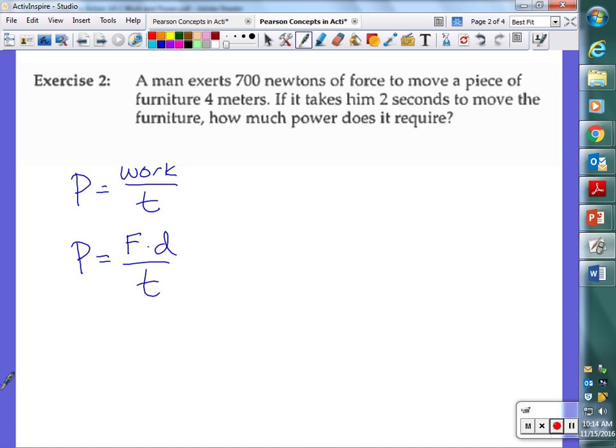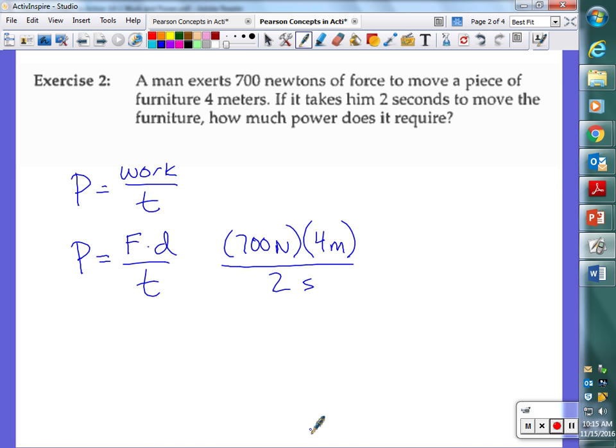So now we have the formula that takes into account the information that we were given in the problem, right? How much force is applied in this situation? 700 newtons, so that's going to go here. It was moved how far? 4 meters, so that's going to go here. How long did that take? 2 seconds.